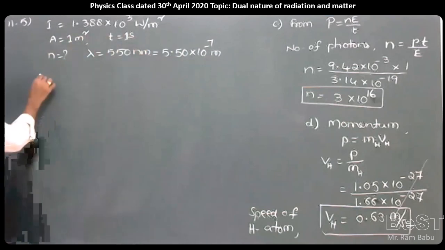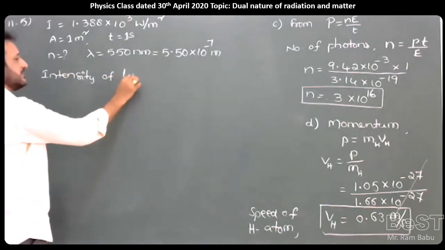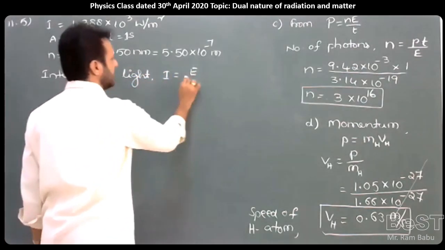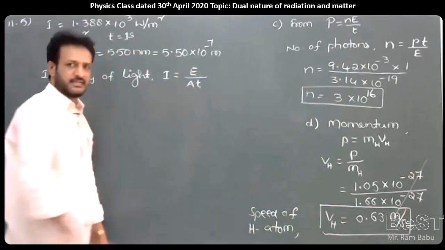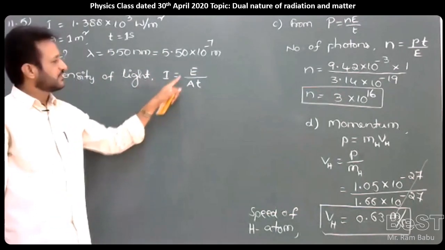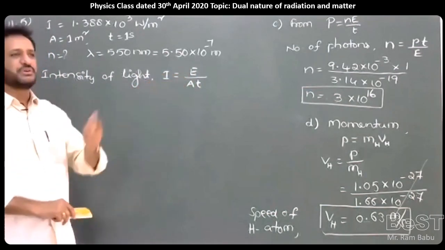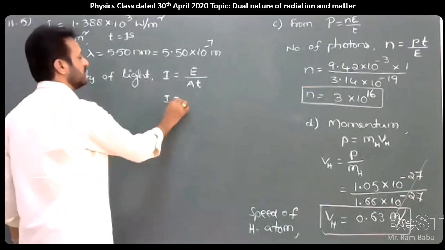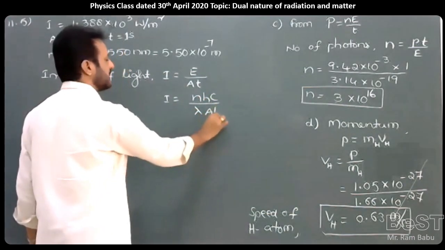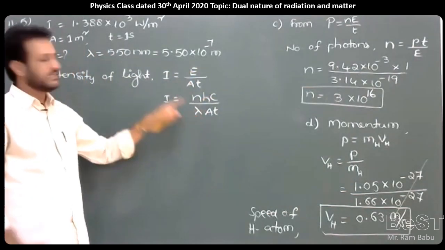Now I'll use the formula for intensity of light: I is equal to energy per unit area per unit time, E by A t. But we already know the energy formula, E is equal to N into hc by lambda, where hc by lambda is the energy per 1 photon, and for N photons, N into hc by lambda.